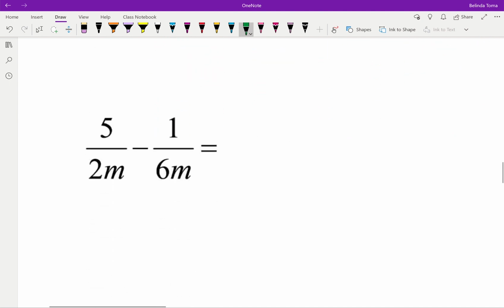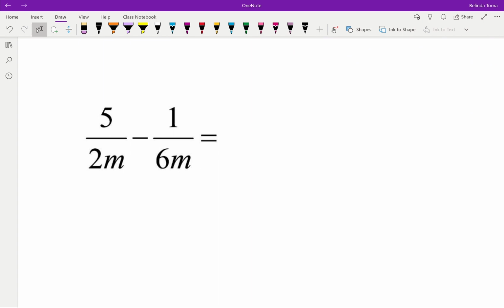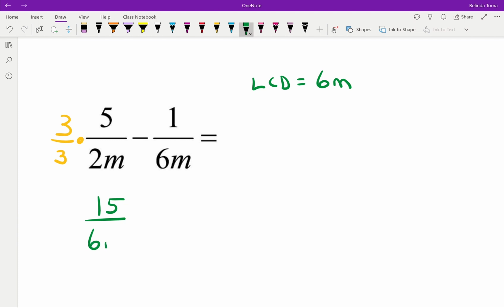Our next example has monomial denominators, and we want to recall that our LCD can actually be one of the denominators. So in this case, 6m would be our LCD, and that means all we're going to have to do is multiply the first fraction by what it's missing, which is a 3. That will give us 15 over the LCD of 6m minus 1 over the LCD of 6m, and that results in 14 over the common denominator of 6m.